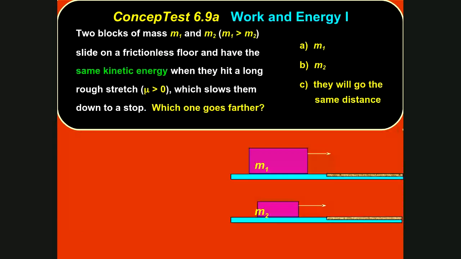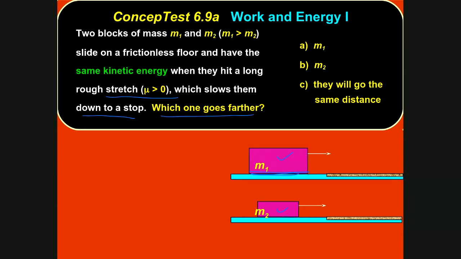Then we go to the next one. There are two blocks, mass M1 and M2. Mass M1 is bigger and covers more surface area on the floor, and they have the same kinetic energy. When they hit a long stretch of rough surface with a coefficient of kinetic friction, which slows them down to a stop, which one goes farther?